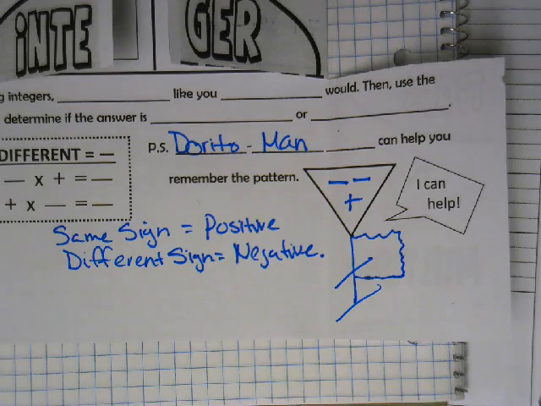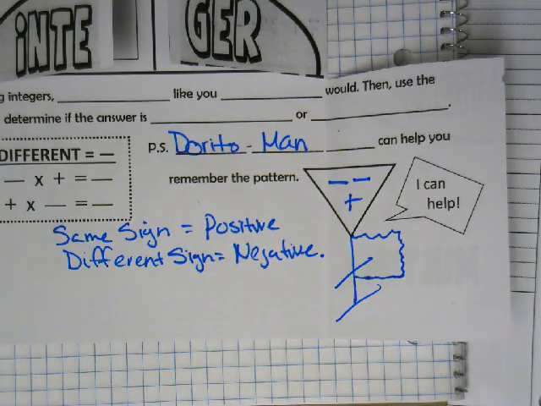A negative. So you would circle what you have in your problem. I have 2 negatives, so I circle the 2 negatives. What do I have left over? A positive. So that means your answer is a positive. And then you just divide 5 divided by 1 is just 5.